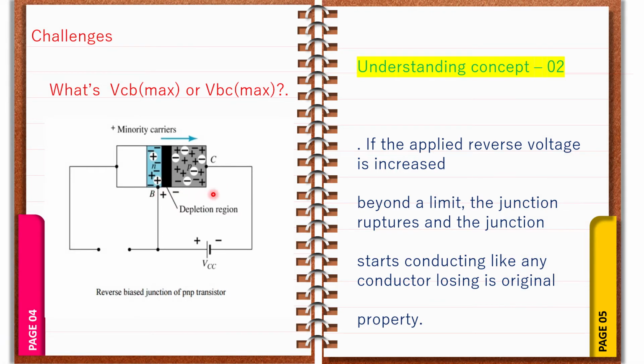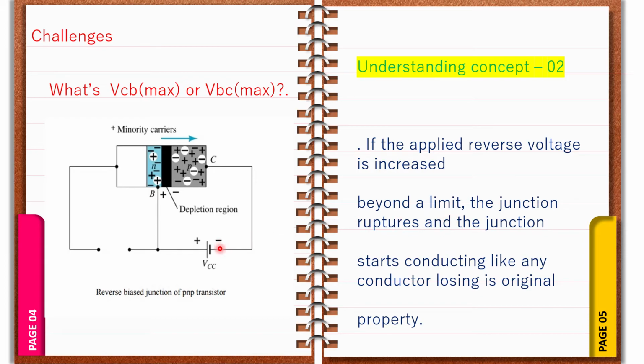If I apply the collector supply voltage, what will happen in the reverse condition? If the applied reverse voltage is increased beyond its limit, what will happen?